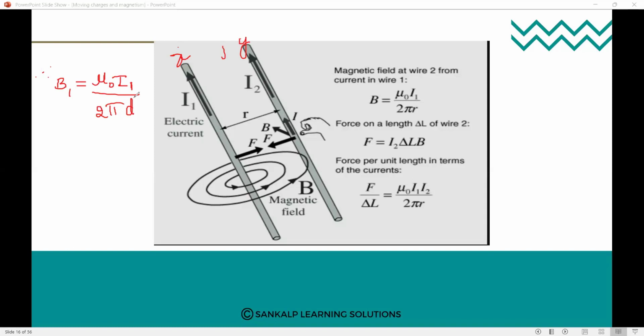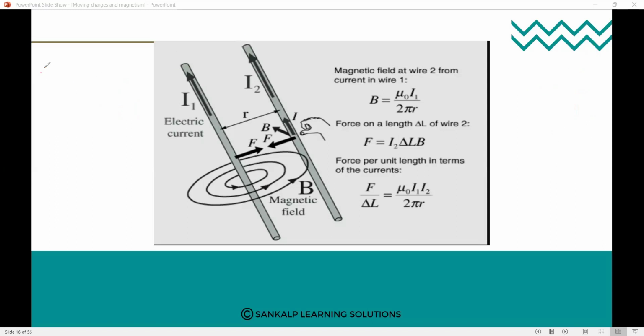Based on Ampere's law, for a current carrying conductor the magnetic field is given by mu naught n I divided by 2 pi r. Here there are no number of turns, so n is taken as 1. So the expression becomes mu naught I1 upon 2 pi r. Here we have taken the distance as small r, therefore we will consider it as small r.